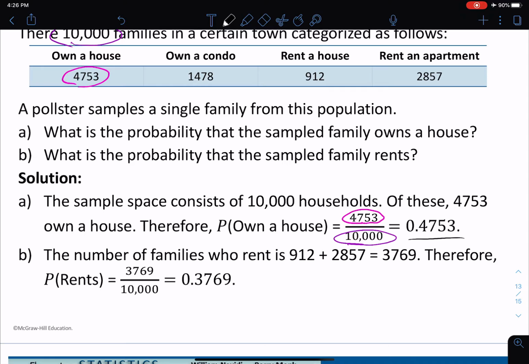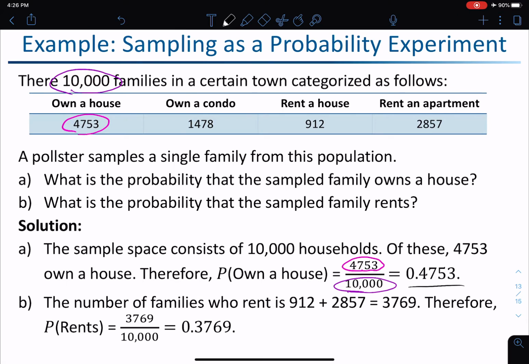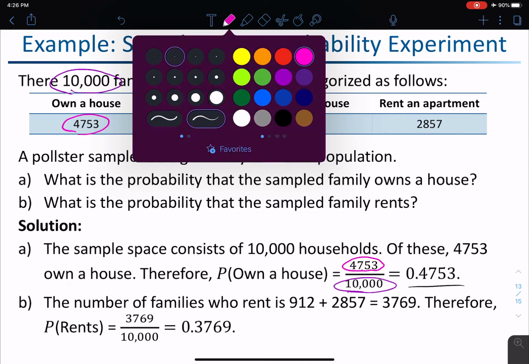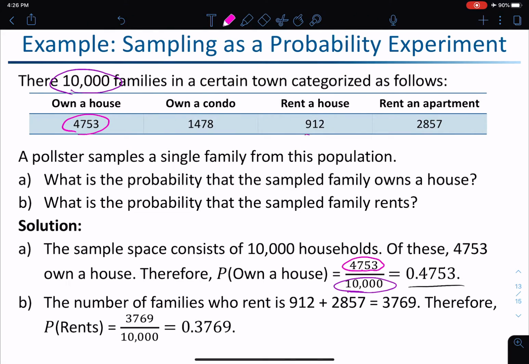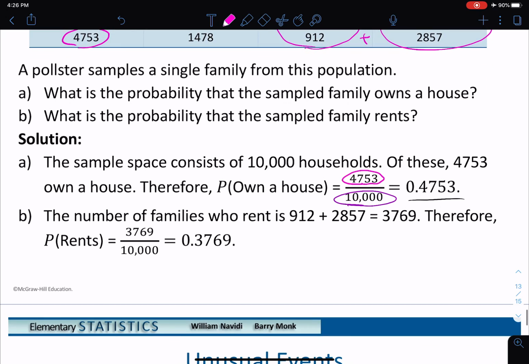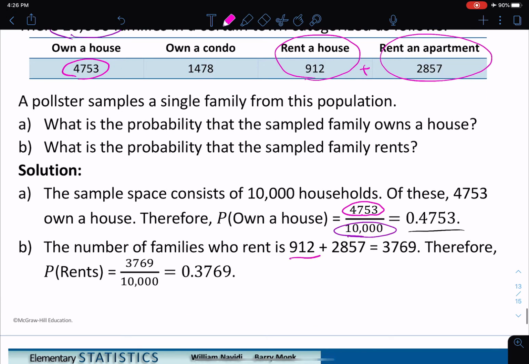Part B. So what is the probability that the sampled family rents? Well, renting comes in the form of renting a house or renting an apartment. So we need to add those two numbers up. And so we take our 912 plus 2,857, and we get 3,769 renters.